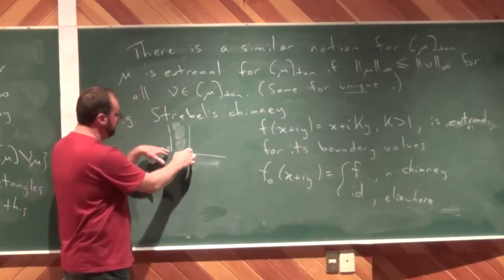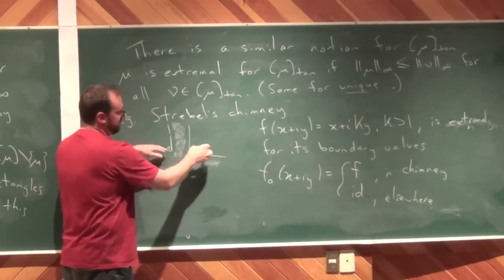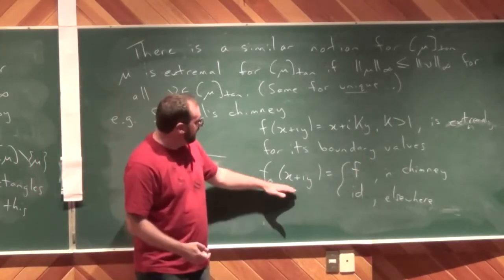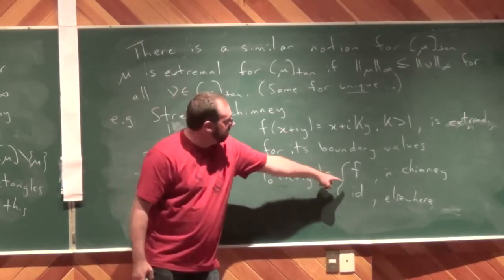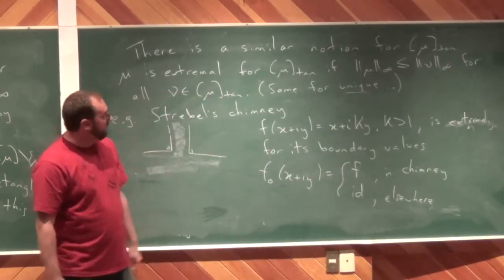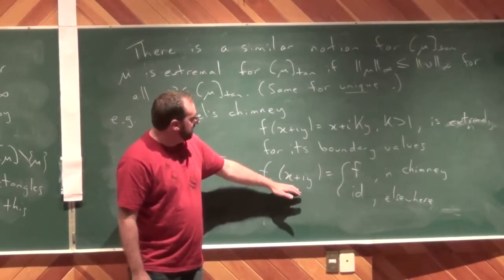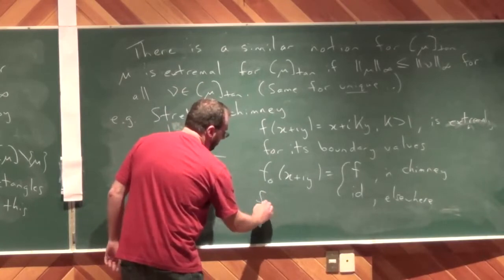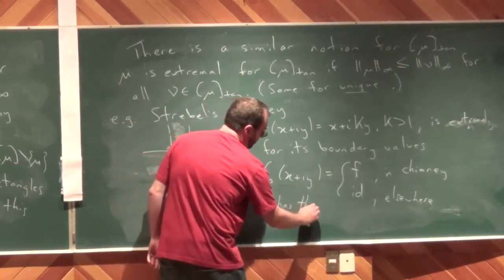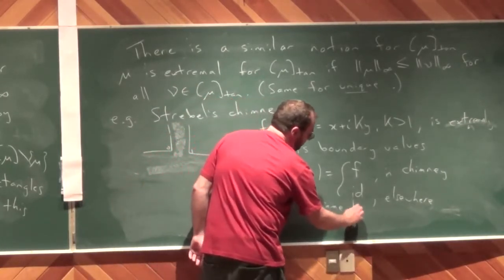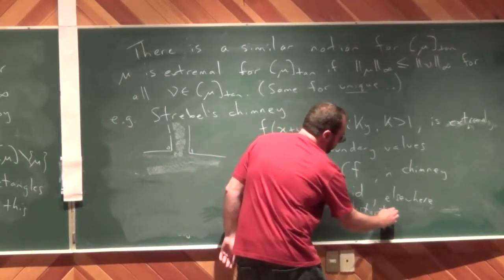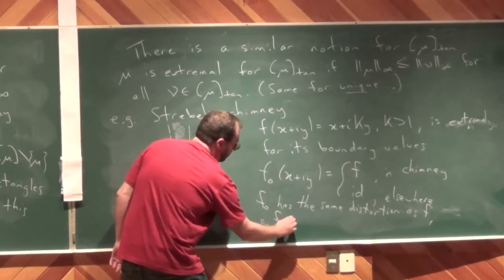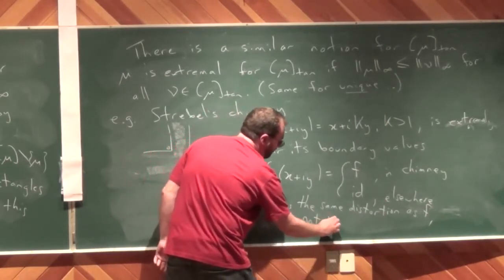Well, f restricted to the real axis intersecting the boundary is just the identity. So this map here has the same boundary values as f in this domain, but the distortion of this is exactly the same as the distortion of this. It's k. So f0 has the same distortion as f. So f is not uniquely extremal.